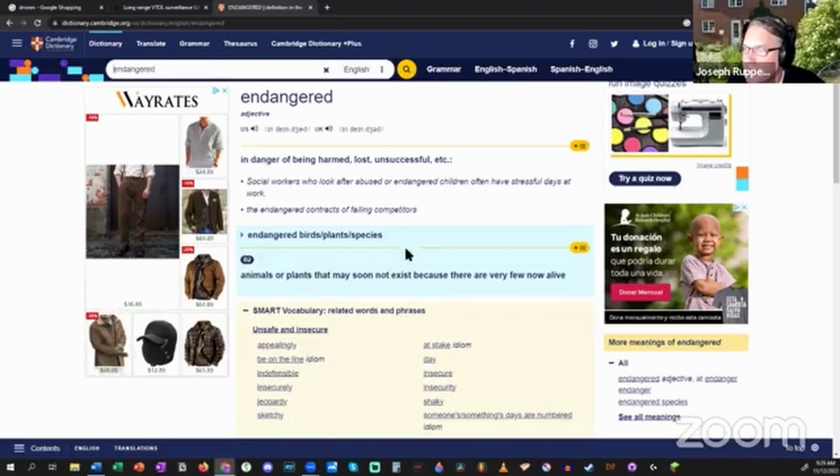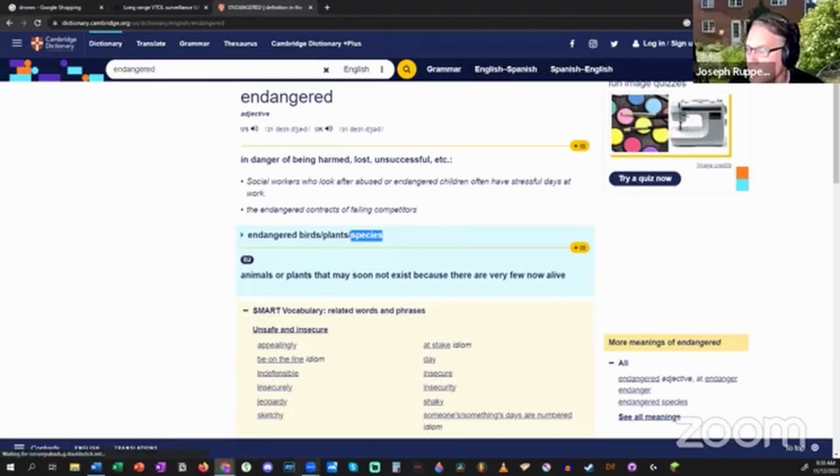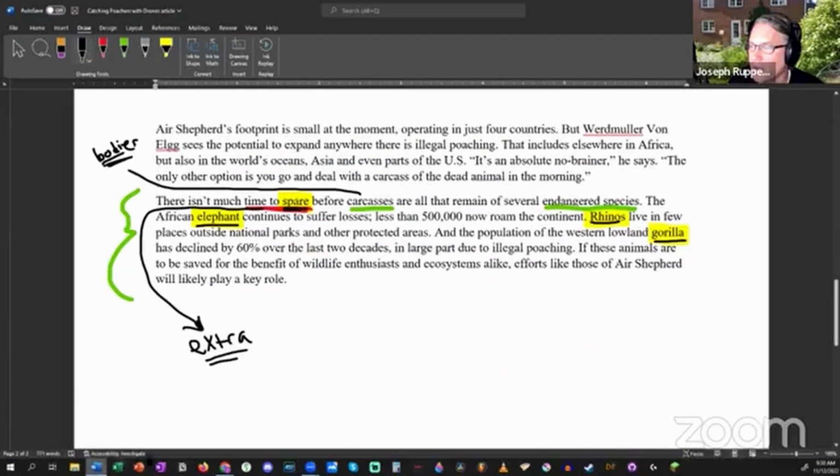Right. And then they have the word species here, which is just a category of animal. So in this final paragraph, the examples of endangered species would be rhinos, gorillas, and elephants. These are the three examples here.